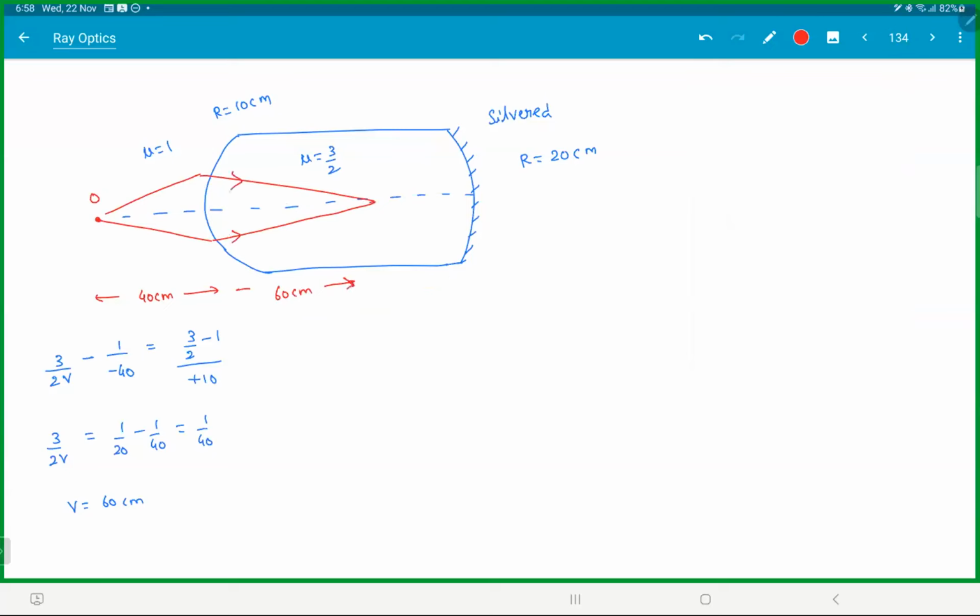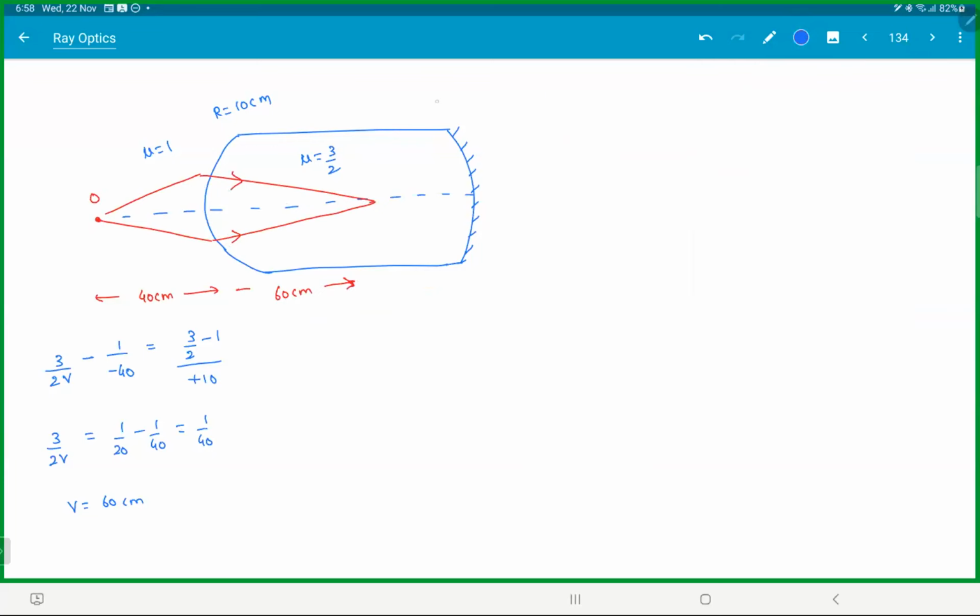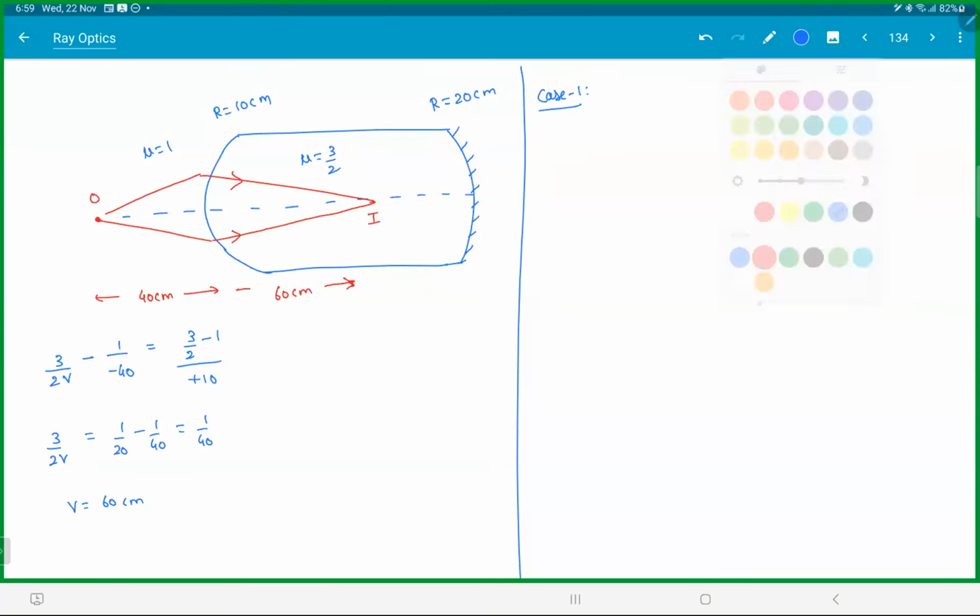Now look here. There are two possibilities that can happen. Case one: the image, let's call it I, is at the center of the mirror.